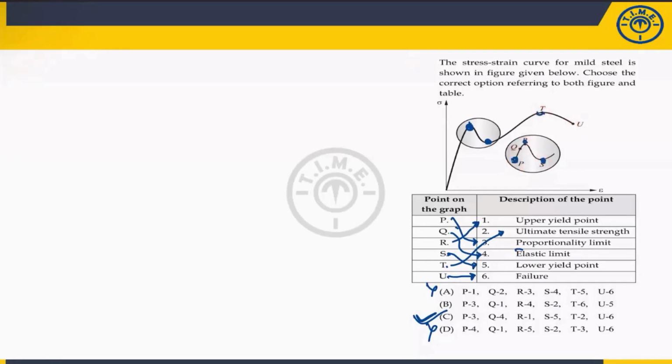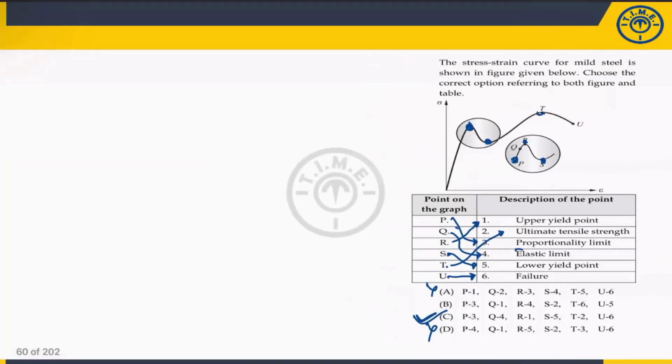Okay. They have asked this question only one time, and it is very basic and straightforward. But there are a lot of other things, and they will never ask questions like what is the yield point or what is the ultimate tensile point, but they can ask related to this.